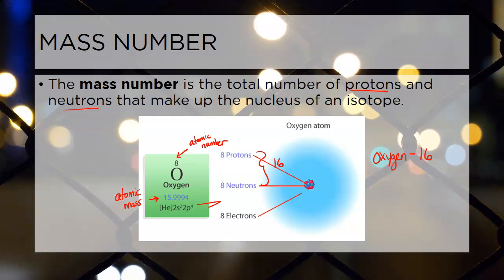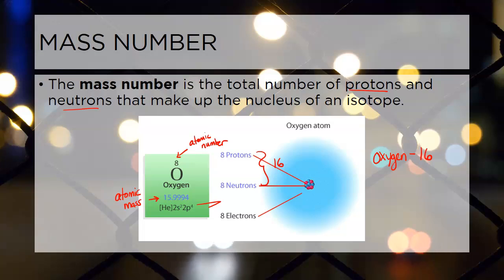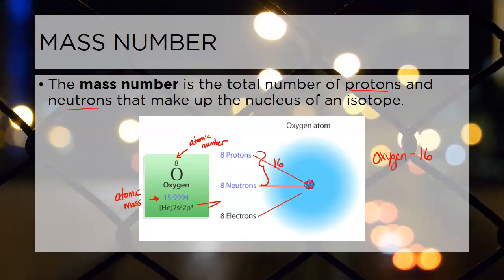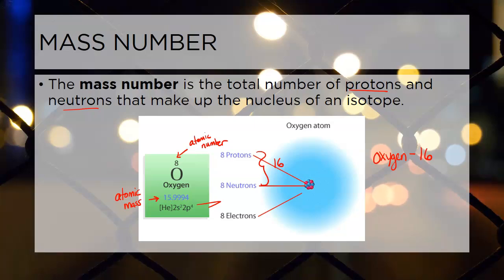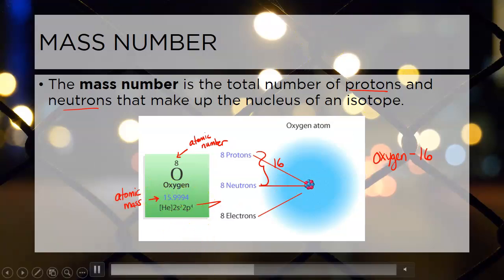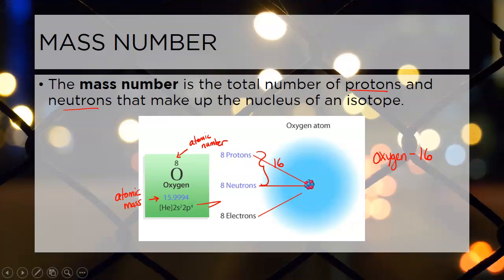And for oxygen, here, we've got 8 protons and 8 neutrons. You add them together, that gives me the mass number of 16. So the mass number is the total number of protons and neutrons. Now, like I said, there's a mixture of all the different isotopes of oxygen. And when we average them all together, that's going to be what gives us this uglier number, the atomic mass. And we're going to learn how to calculate that at the end of the lesson here today.